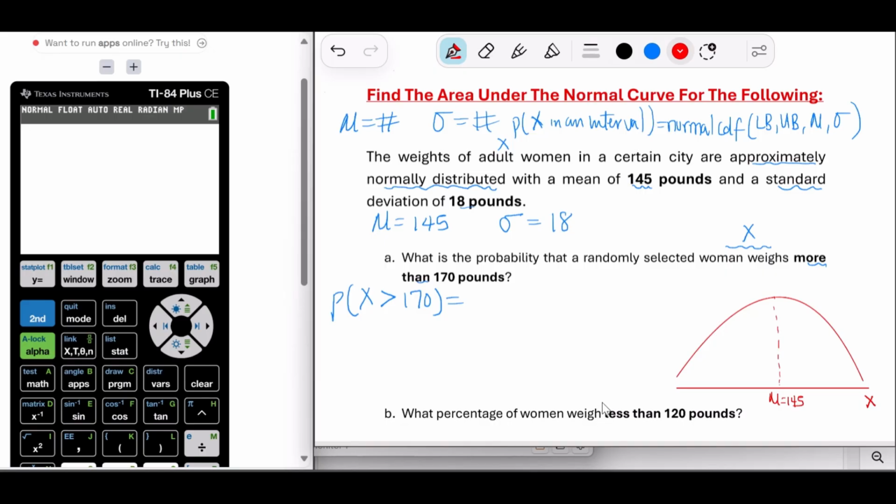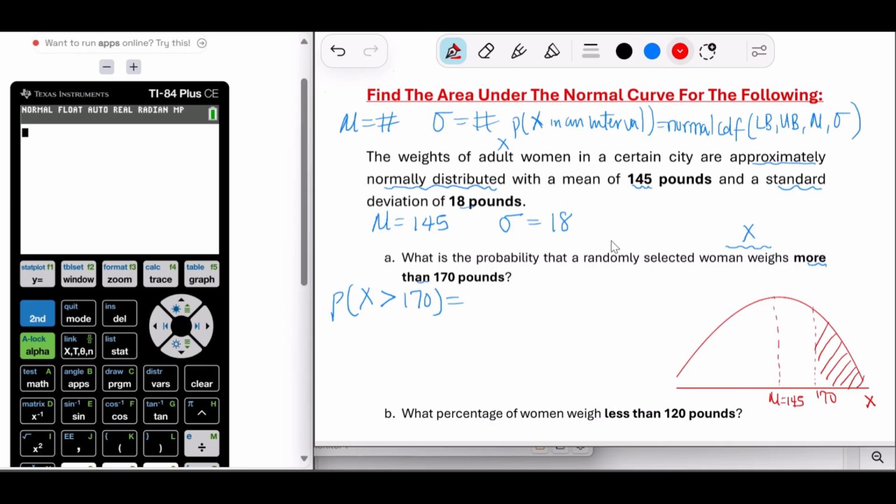Now, the question is, what is the probability that a woman weighs more than 170? So the random variable of 170 is going to be here, to the right. Here we have more than, which means we're going to the right.